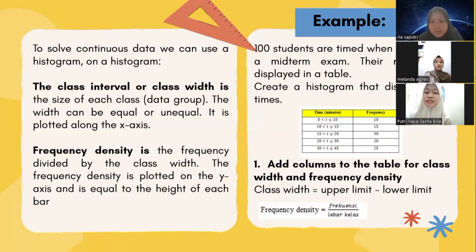Frequency density is equal to frequency divided by class width. There is a writing error in the PPT. Add a column to the table for class width and frequency density. Class width equals upper limit minus lower limit.